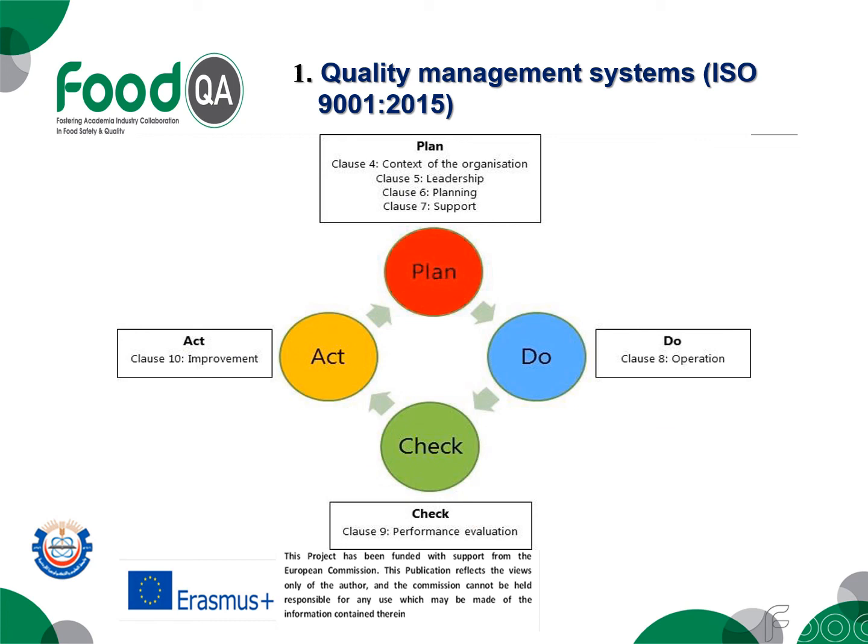So this demonstrates how the plan, do, check, act cycle works, with the clauses from 4 to 7 in the plan part, then clause number 8 in the do part, clause number 9 in the check part, and clause number 10, the improvement, in the act part. So plan, do, check, act.